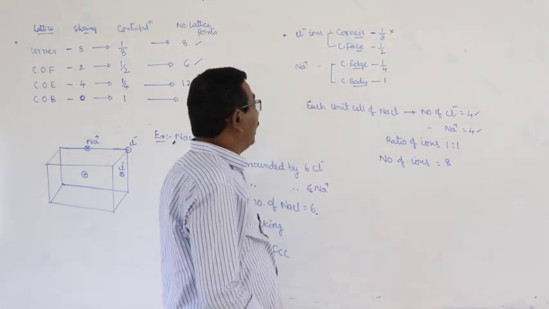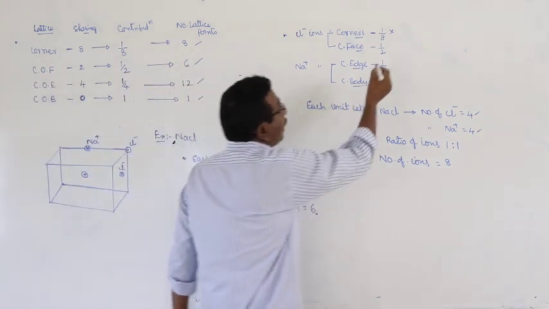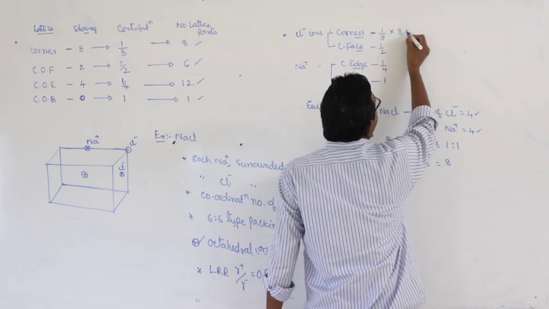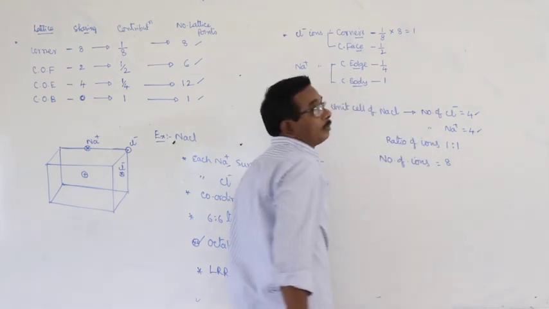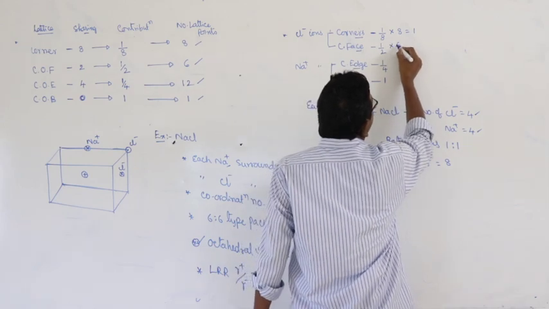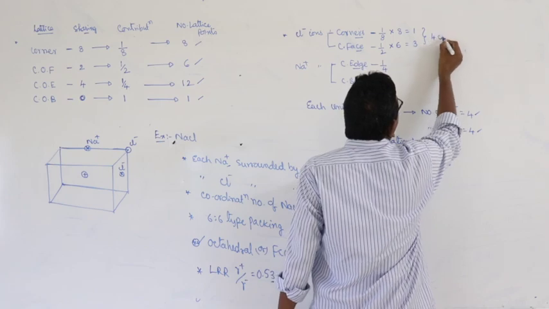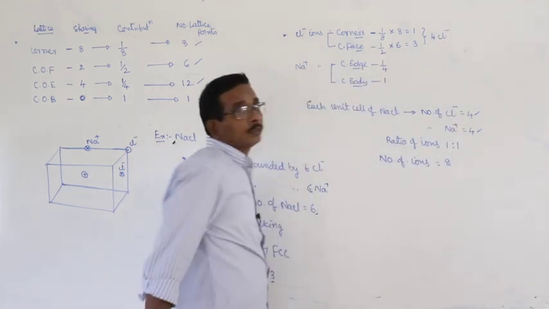How many corners are there for a unit cell or cube? 8. So 1 by 8 into 8 is equal to 1. How many faces are there for a cube? 6. That is equal to 3. 1 plus 3 is equal to 4.